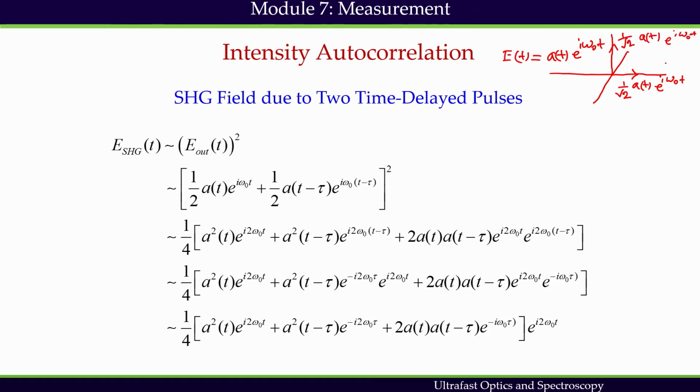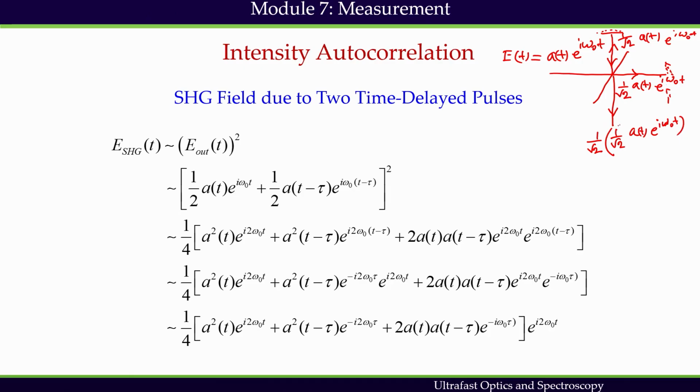Then due to the mirror, I have a mirror here. This beam will come back and again be transmitted through the 50-50 beam splitter. So that transmitted beam would again have 1 by square root 2 of that beam. That's the field.